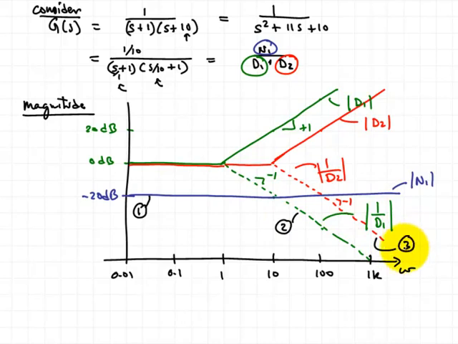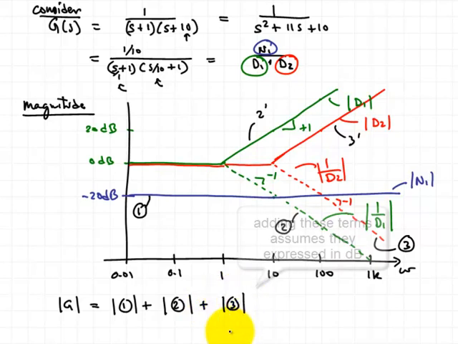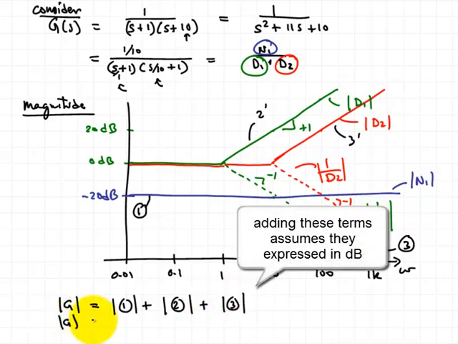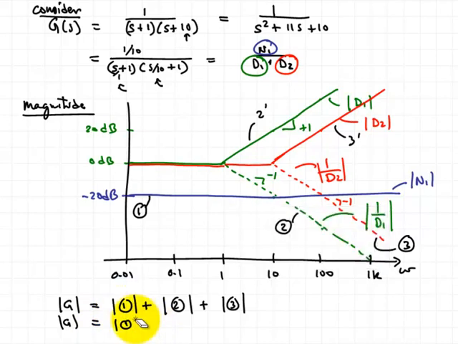Now we could do 1 plus 2 plus 3, or if we call this 2 prime and call this 3 prime, we could say the magnitude of G is equal to the magnitude of 1 plus the magnitude of 2 plus the magnitude of 3, or we could also write it as the magnitude of 1 minus the magnitude of 2 prime minus the magnitude of 3 prime.